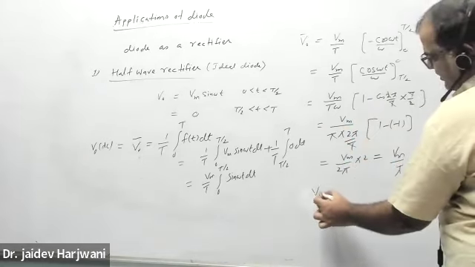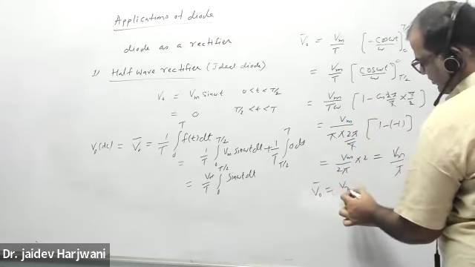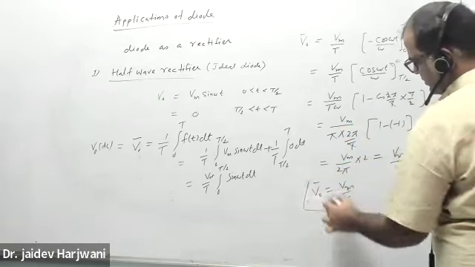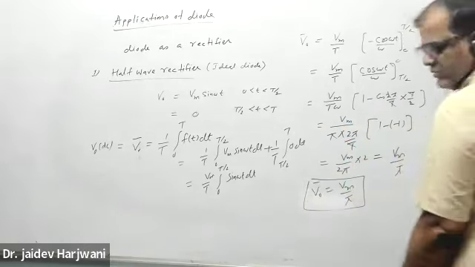So this is the average value of output, Vm upon pi.